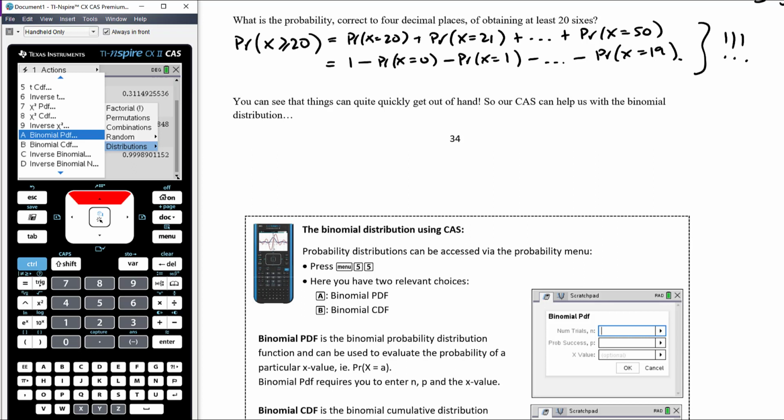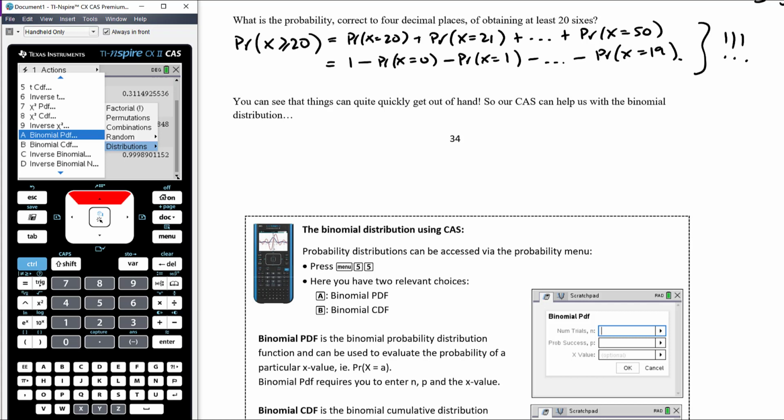We've got a choice between binomial PDF, where PDF stands for probability density function, or binomial CDF, which is the cumulative density function. You would choose PDF if you want to calculate the probability that x is equal to a particular value. You would use CDF, the cumulative function, if you want to calculate the probability that x is bigger than or equal to something, or less than or equal to something, or between two values where you're going to need to add up a number of separate probabilities.